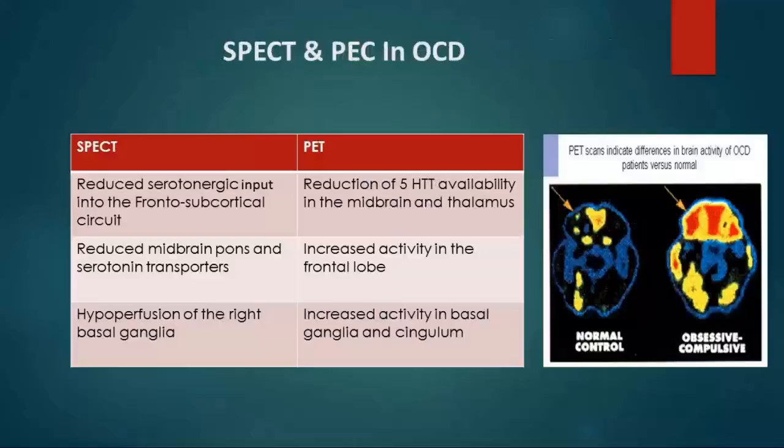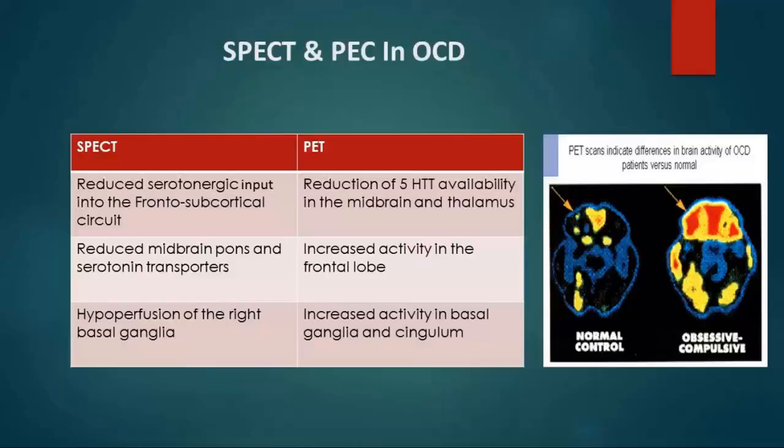Then the PET and the SPECT in obsessive compulsive disorder. When we look at the two diagrams below, the normal control human brain and the obsessive compulsive brain, we realize that there is heightened brain activity in the obsessive compulsive disorder patient's brain.